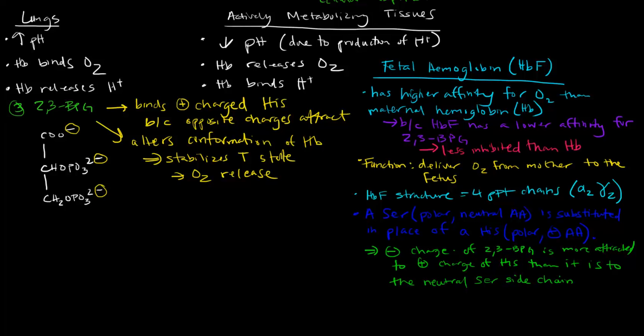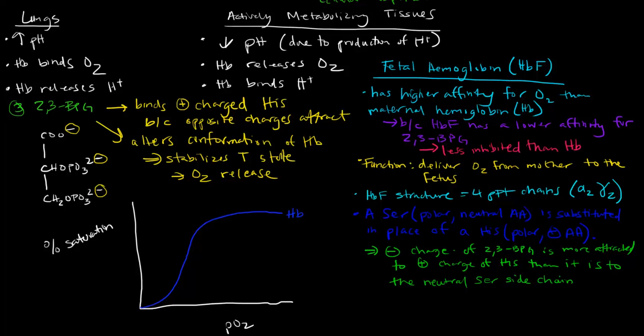And just to show you how that would look on the O2 saturation curve, if we have maternal hemoglobin, it kind of looks like this. Last time I drew it in blue, so I might as well draw it in blue this time. Of course, these axes are still labeled as the pressure of oxygen and the percent saturation.